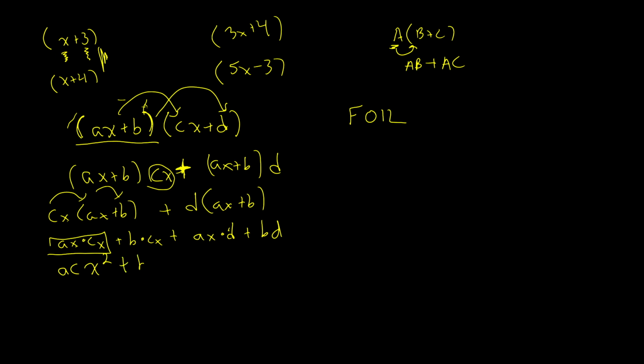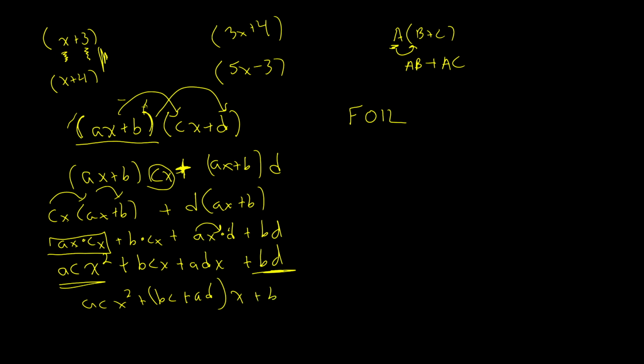This is going to be b times c times x, and this is going to be a times d times x, plus bd. This term has an x squared, and this has no x. But these terms here have to come together. And so I have bc plus ad times x plus bd. And this is how we multiply.